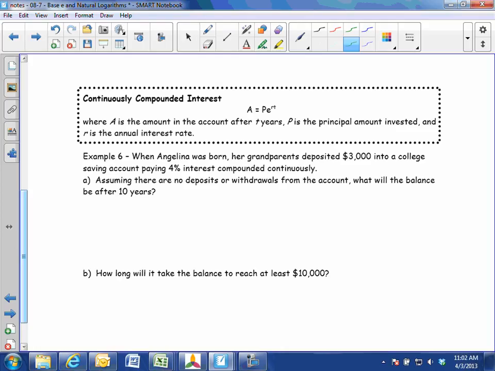All right, so if we're continuously compounding it, it looks exactly like we've done before, except in this case you don't have to worry about how many times it's compounded in a year. In this case, it's just always. So P again is principal, the amount we put in originally. E to the R is our interest rate, and T is time, like we did before.